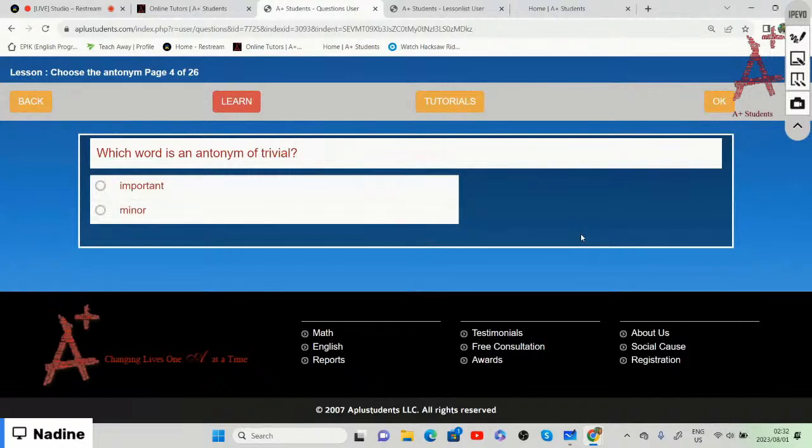Which word is the antonym of trivial? Trivial. We need to find the antonym, which is the opposite of trivial. Is it important or is it minor?